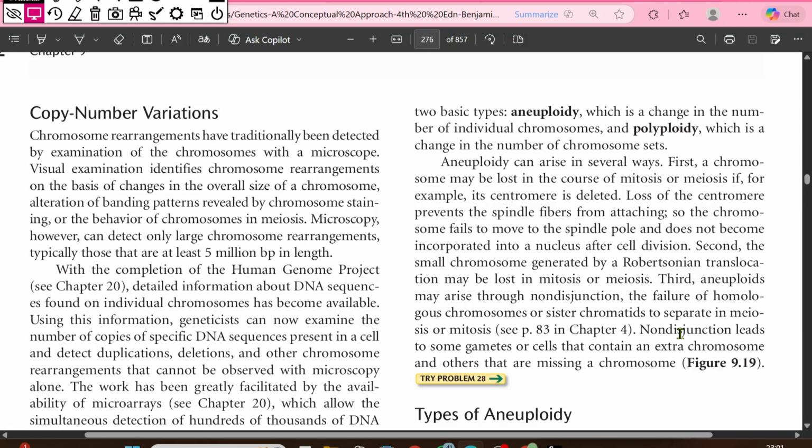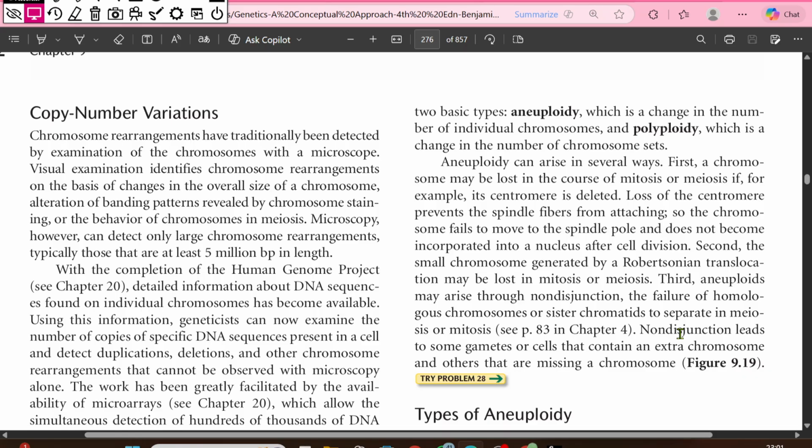Hello dear learners. In this video we have to talk about another type of mutation which can occur in the cell. That is when the mutations occur in relation to changes in the number of chromosomes. So when the number of chromosomes gets altered, these kinds of mutations are related to the quantity of the chromosome mutation.